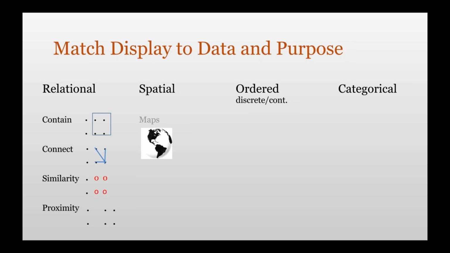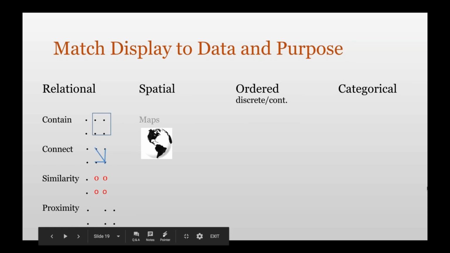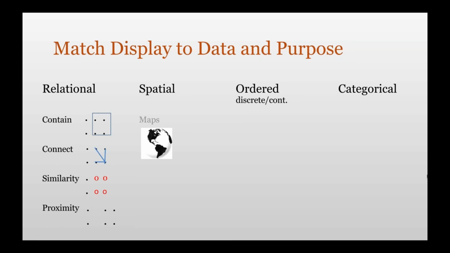For relational data, there are a few different ways to work with it, and this information here is actually coming from Munzner. I'll post her slides, and I'll just note that these concepts are really spearheaded by her.